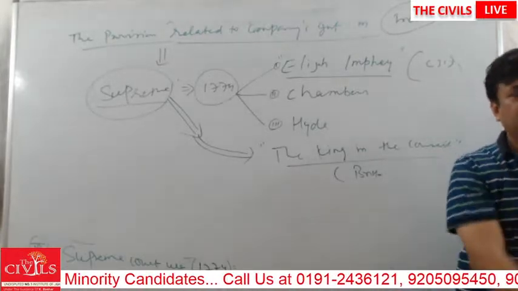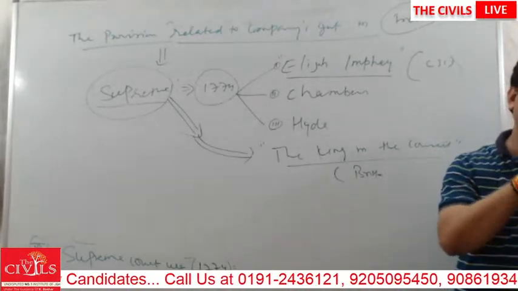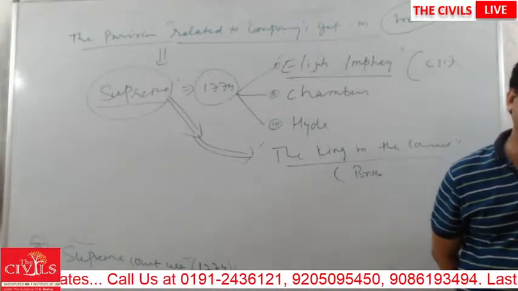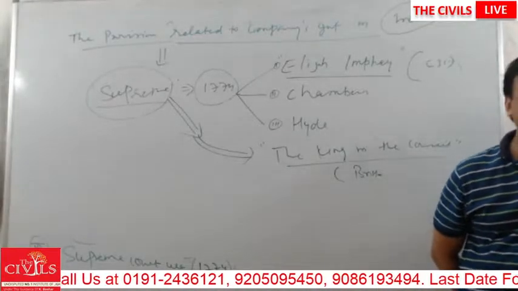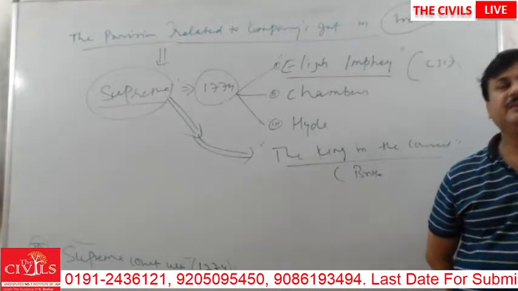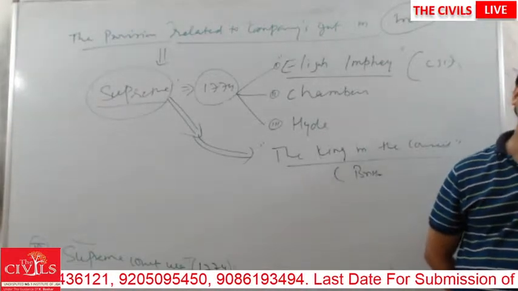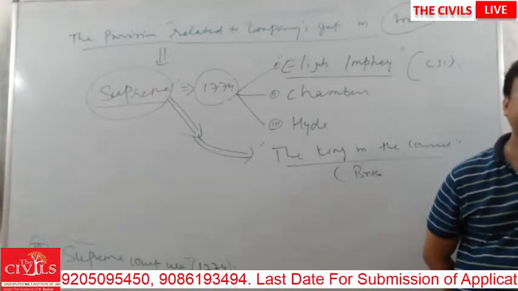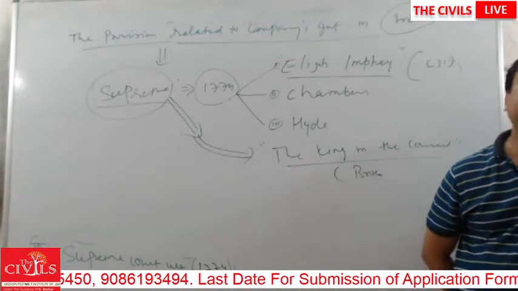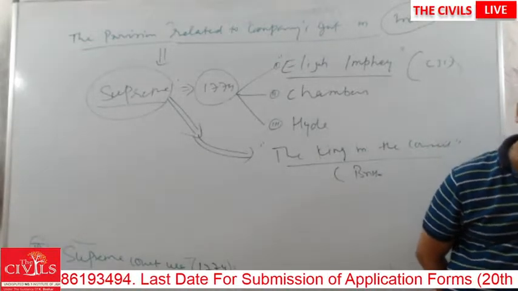For England there was a provision for the Court of Directors and Court of Proprietors. For India there was a provision for a new executive, known as the Executive Governor General in Council.